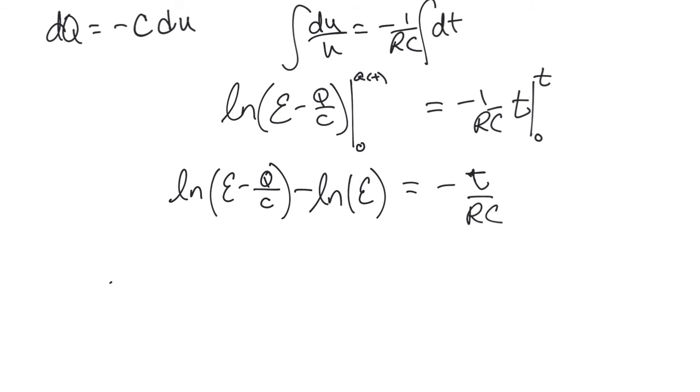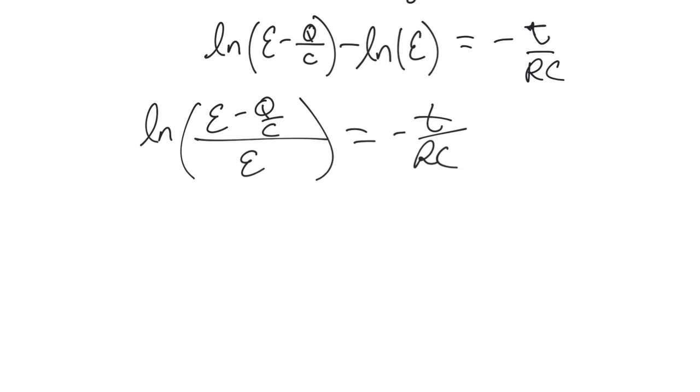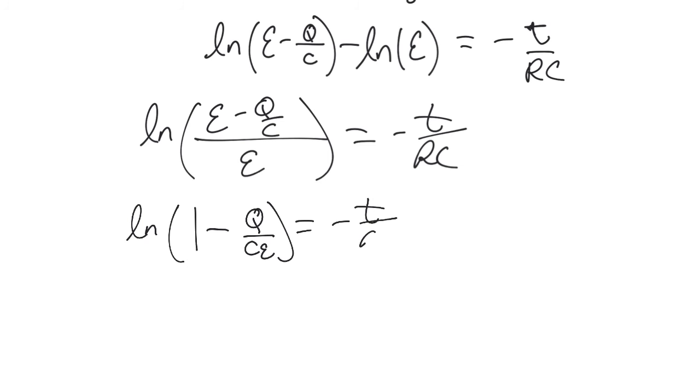All right, then we use our nice thing about subtracting logs. We go e minus q over c for e, and we get negative t over rc. So we get log of 1 minus q over ce. We get negative t over rc.